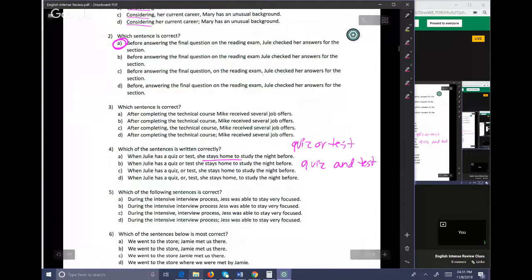What I'm pointing out here is that's only 2 items. So we don't put these commas here like they did in the last couple of answer choices, because we don't actually need to split them. So we don't split up quiz or test because quiz and test is just one little part of the sentence. So this is going to be A, which is the one that just has the comma that's separating the 2 clauses.